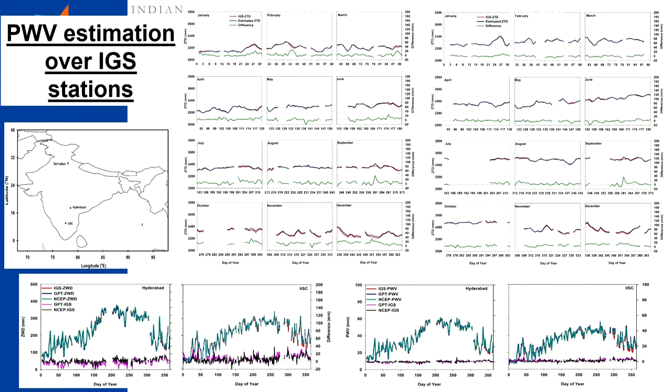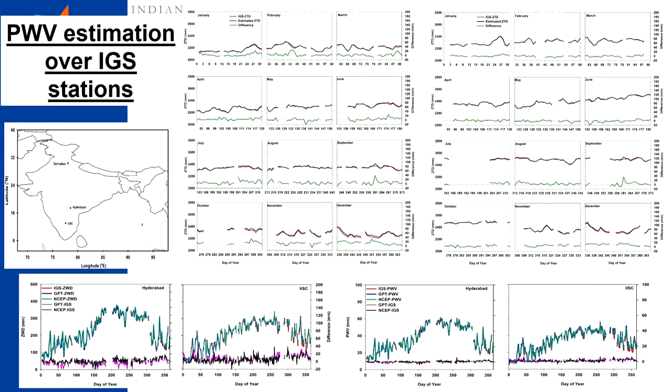For the hydrostatic delay we have presently used the NCEP reanalysis data. However, we can also use the AWS or any other data which we get from the met sensor, or you can utilize satellite data as well.